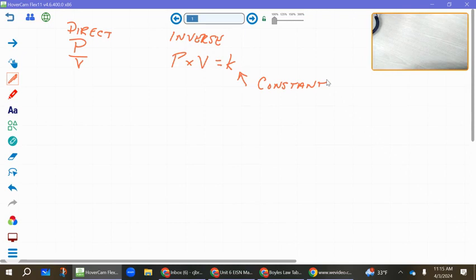They cannot change. We didn't change the temperature of the gas inside the tube. Now, how do we represent amount of gas? What letter? N. V is what? Volume. So these two things here are variables. They are changing.